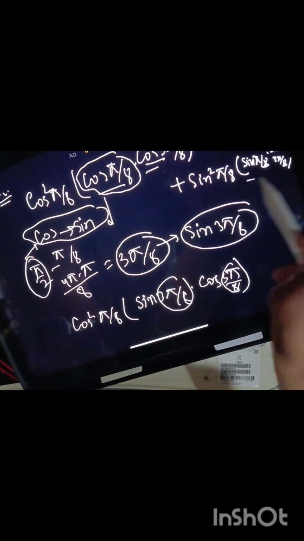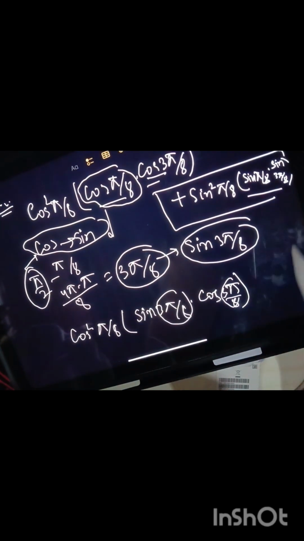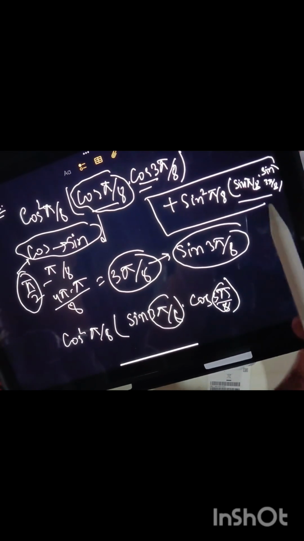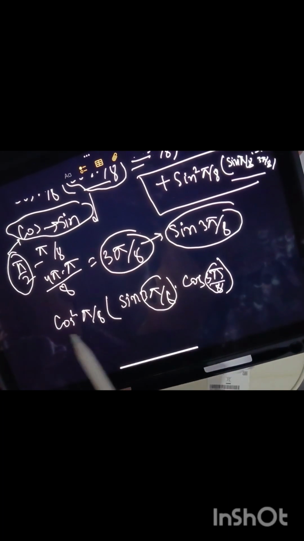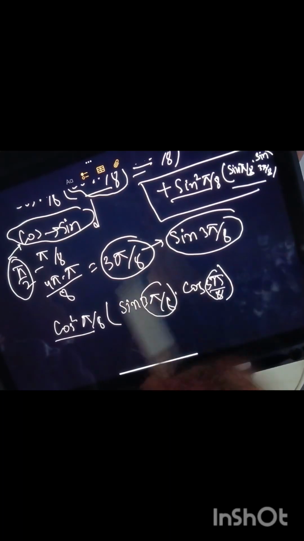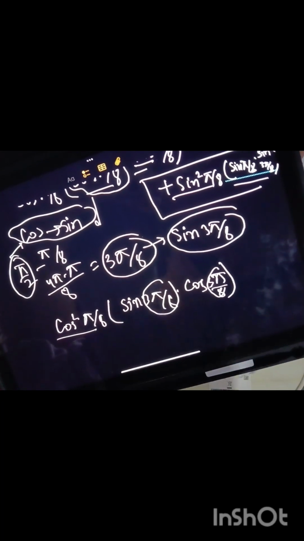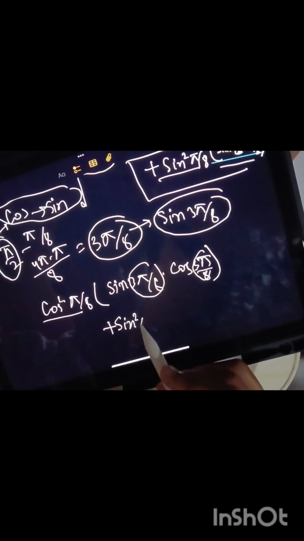One thing that clicks in my mind is to change this sin pi by 8 also into its complement, that is cos. Then we will get sin square pi by 8 and cos square pi by 8, and as you know sin square theta plus cos square theta is 1. So I will change sin square pi by 8.